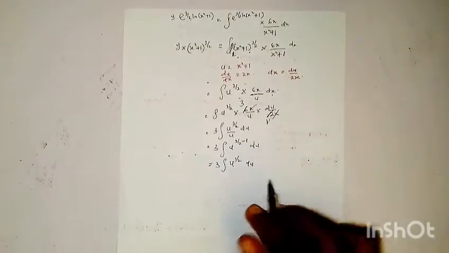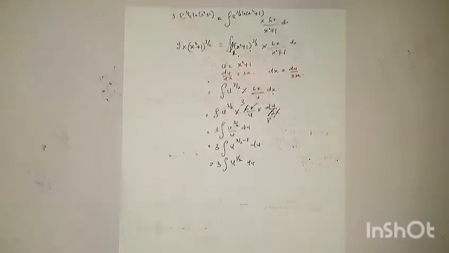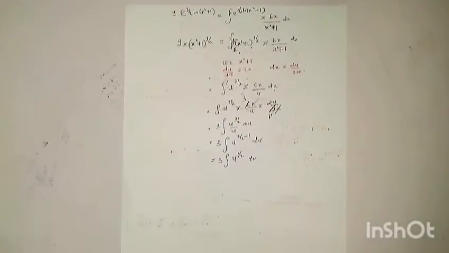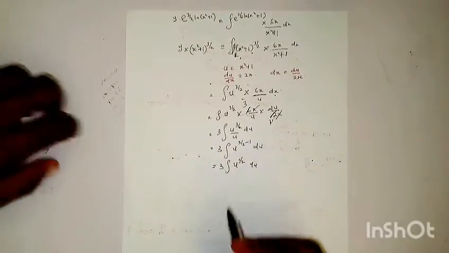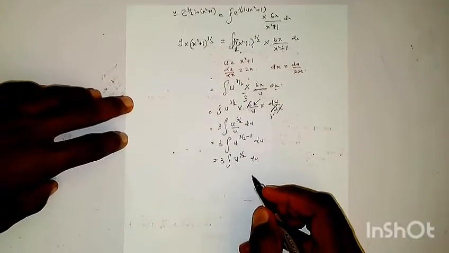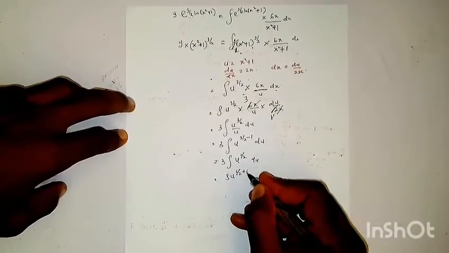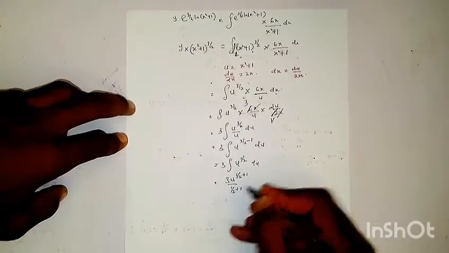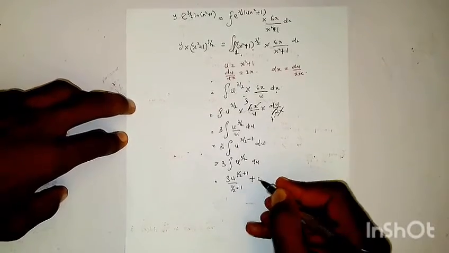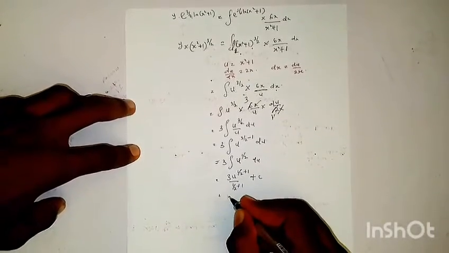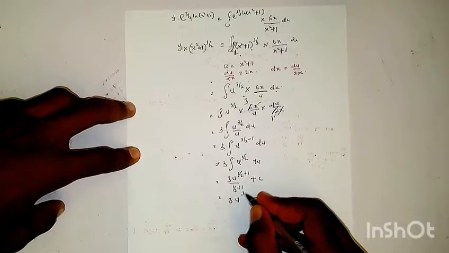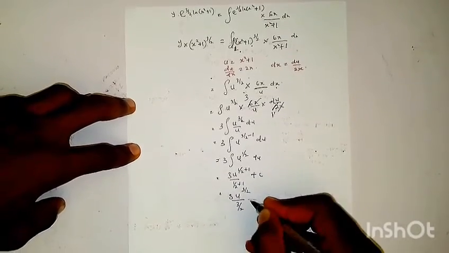So now we are going to integrate this because we have gotten a simpler term to integrate. Integrating this function with respect to u gives me 3u raised to 1 over 2 plus 1, over 1 over 2 plus 1, plus c. So this gives me 3u raised to the power 3 over 2 over 3 over 2, plus c.